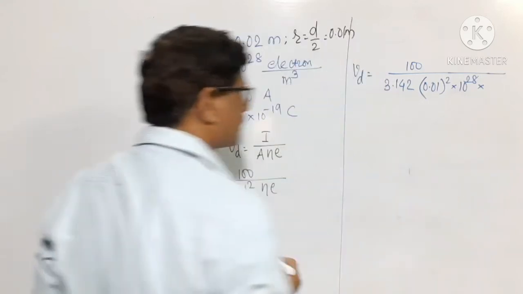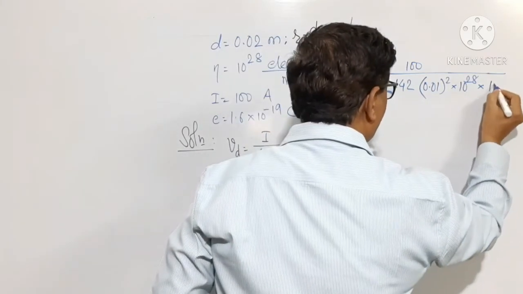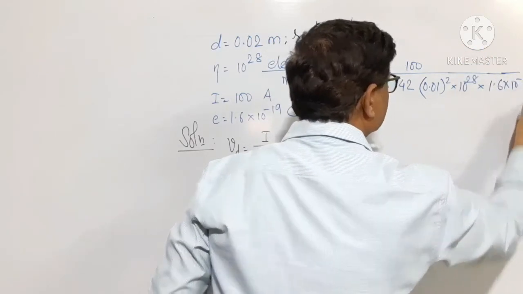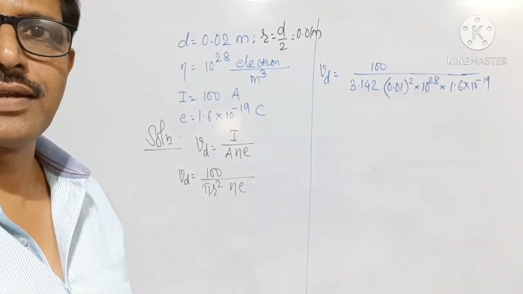Then comes the charge on the electron, 1.6 into 10 to the power of minus 19.